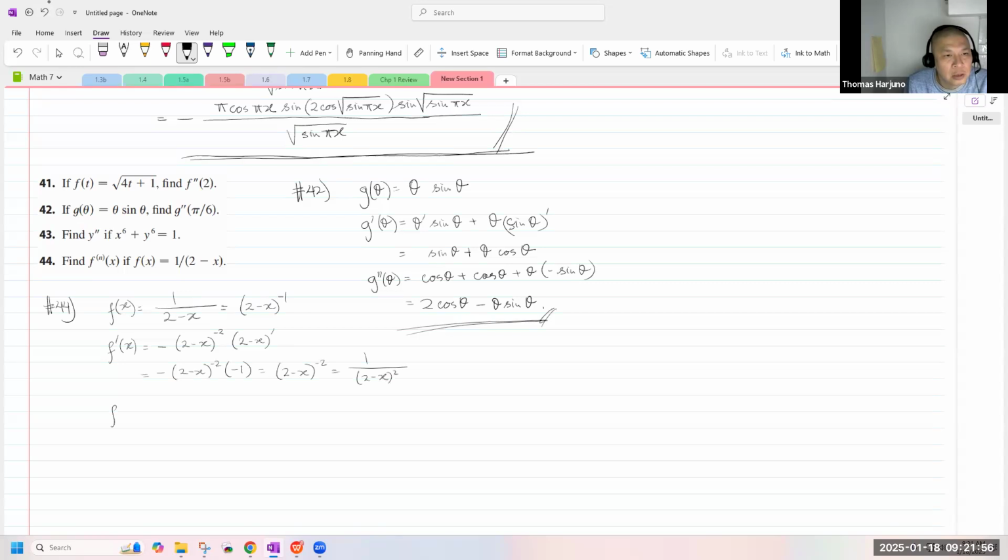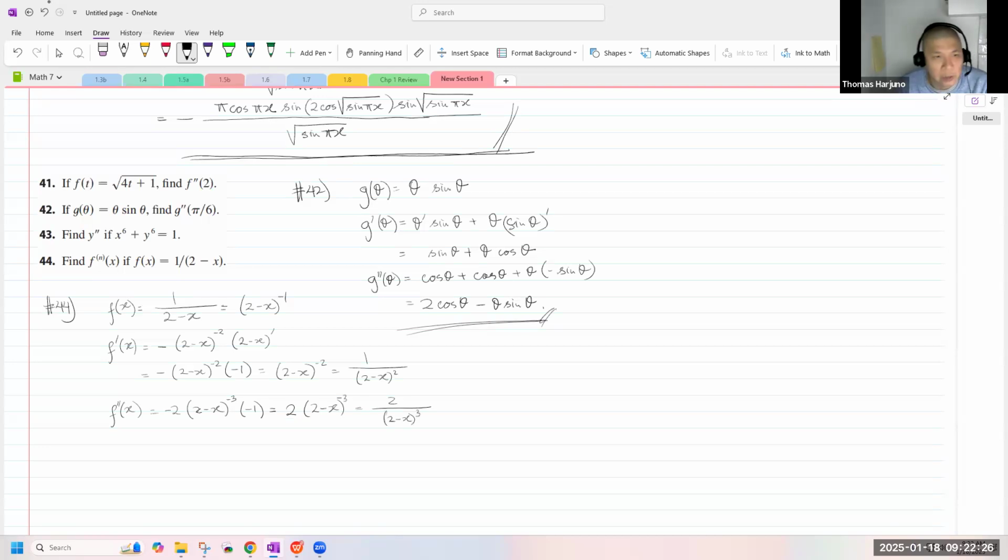Now, if I do another derivative from here, that's negative 2 minus x to the power of negative 3 times the derivative of 2 minus x. That's another negative 1. If I simplify, this is 2 over 2 minus x cubed.